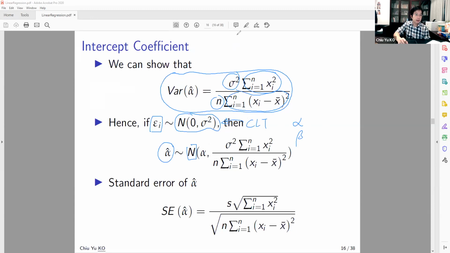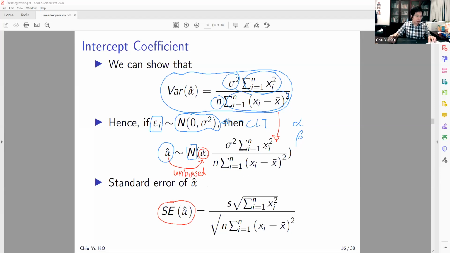And from the Gauss-Markov theorem, the mean of alpha hat is alpha itself, because it is unbiased. And this is given from here. And we call this the standard error of alpha hat. We will take the square root of this.